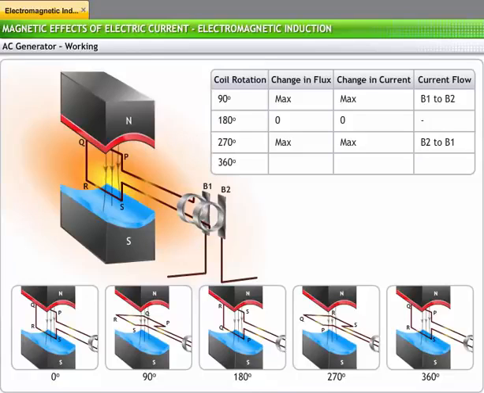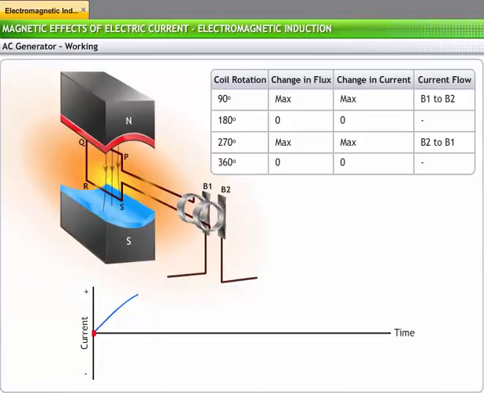The change in flux with respect to the initial position is 0 at this point. Hence, the current falls in the same direction and becomes 0. Thus, the current rises and falls for every 180 degrees of rotation of the coil in opposite directions alternately. The faster the coil turns, the greater the frequency of the current produced by the generator.